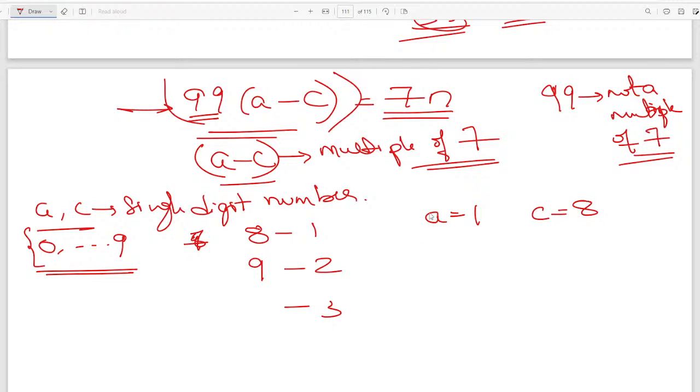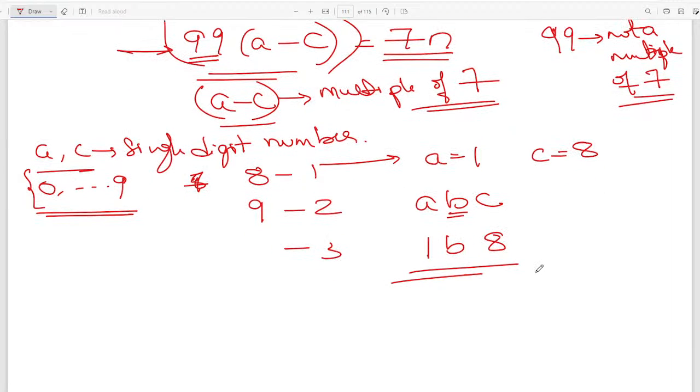So I have the original number, that is ABC. I still don't know what B is, but I have A and C. Let me take this as 1, B and 8. According to the divisibility rule, when you multiply the last digit by 2 and then subtract it from the remaining number, you should get a multiple of 7. So to find B, I'll take 8 and multiply by 2, it will become 16.